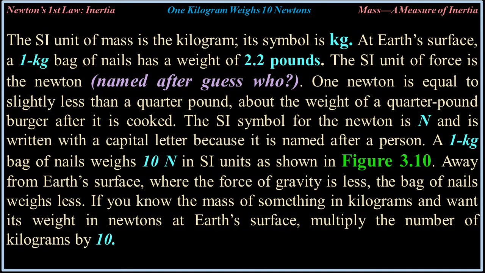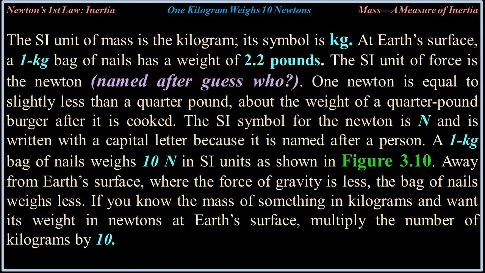Away from Earth's surface, where the force of gravity is less, the bag of nails weighs less. If you know the mass of something in kilograms and want its weight in newtons at the Earth's surface, multiply the number of kilograms by 10. It's actually 9.8, but we round it to 10.